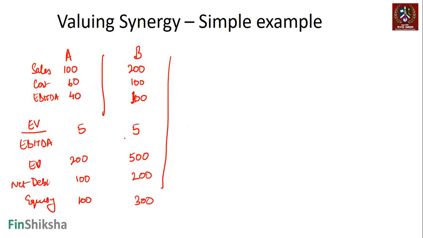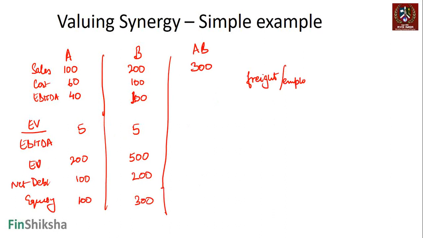Now you combine the firms. When you combine the firms, let's assume two things happen. One, sales is 300, so this is AB. Cost, because of the combined network of these two firms, some of the costs which both of them were taking, for example, let's say there was a freight cost where both were separately sending two trucks, they will combine those.